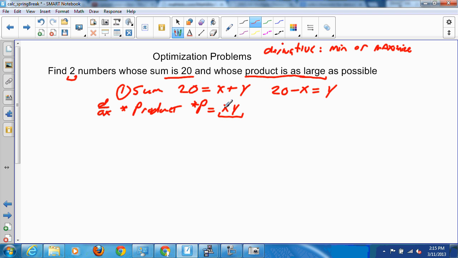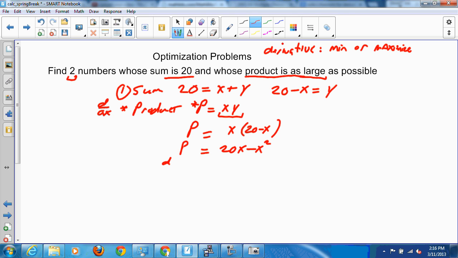So now we can put this in terms of x only. The product is equal to x times y, and that's x times 20 minus x. We can go ahead and distribute this x if we like, and we have 20x minus x squared.